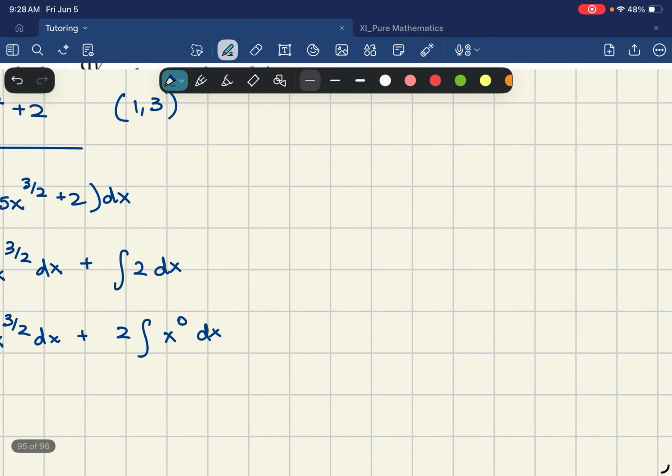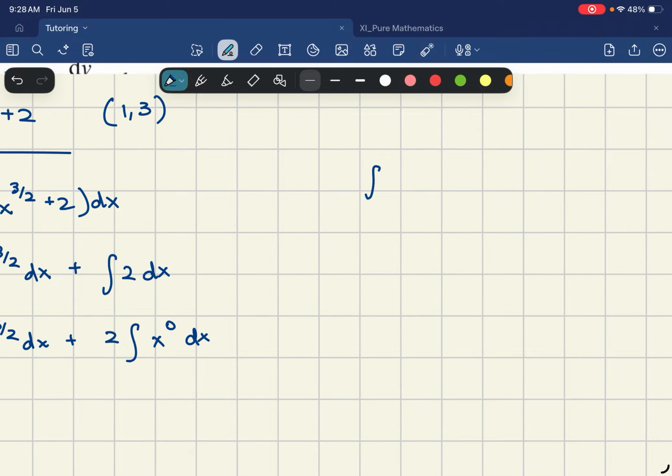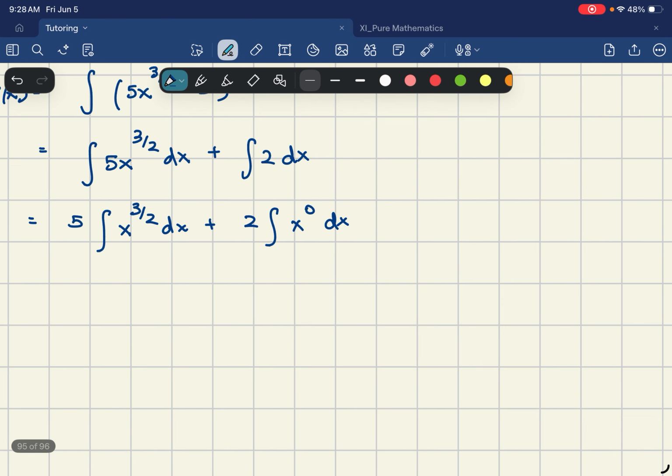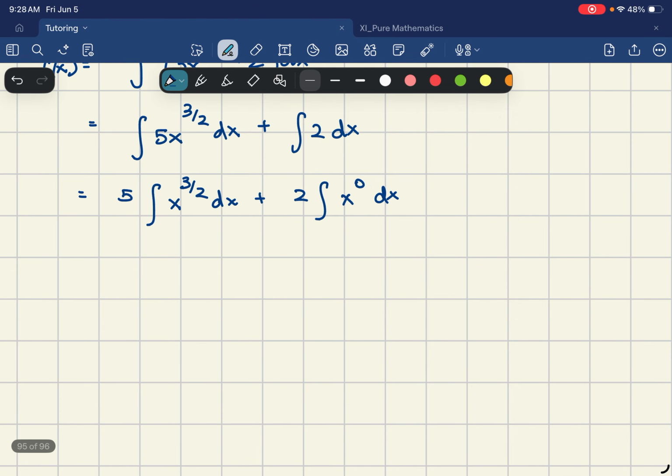And you can just remember, if you have integral of some constant dx, then you're going to get the constant times x. So if it's k, then you're going to get kx. So we have 2 here. When you integrate it, you're going to get 2x.